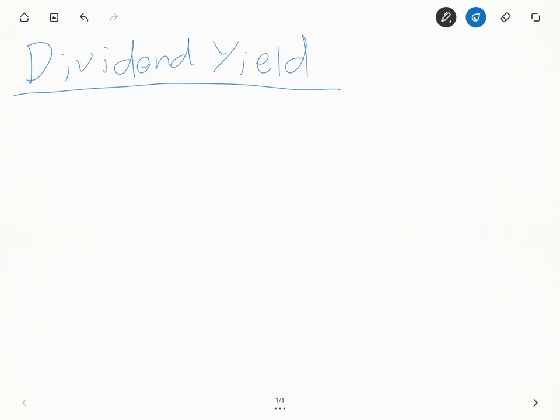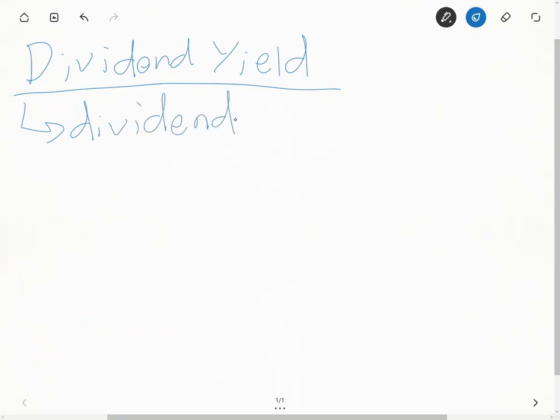And the key part of that is that when you buy a share, you actually own a part of the company. Now, because you own a part of the company, you are actually entitled to the profits of that company. And the company will pay these out in what's called a dividend.